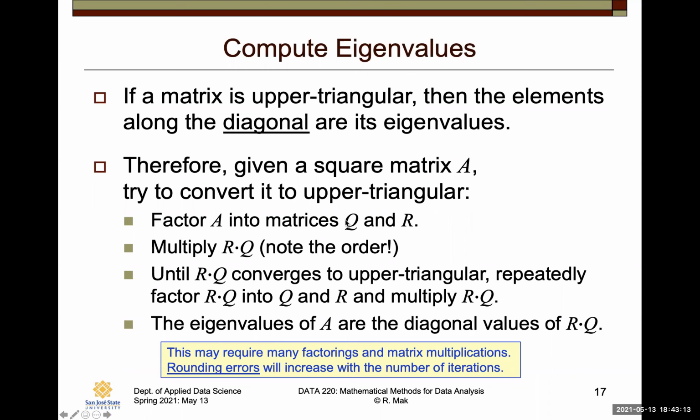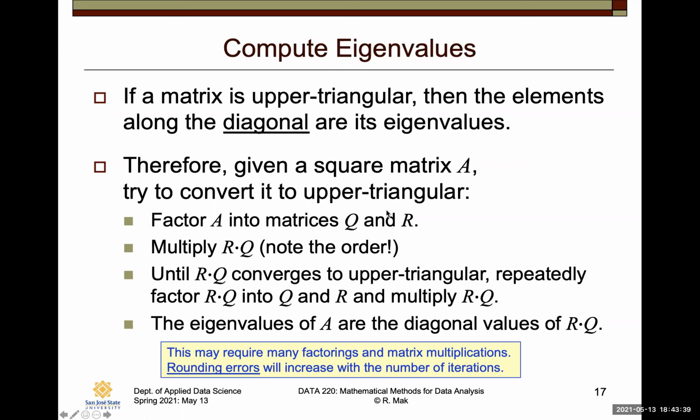We factor A into Q and R, and we multiply R times Q. Notice we do it in the opposite order. Now we keep doing this, multiplying R times Q, until the product converges to upper triangular.